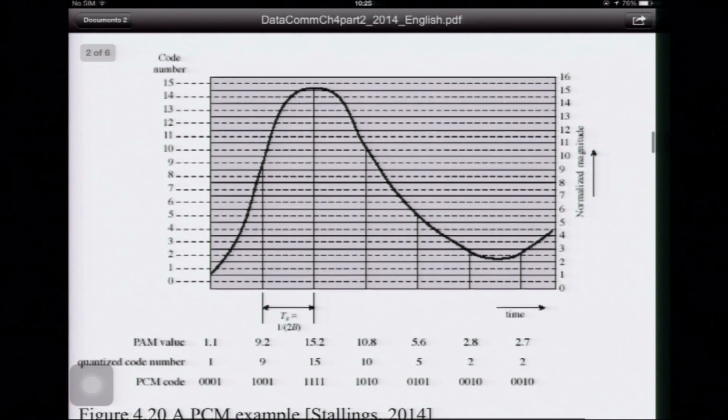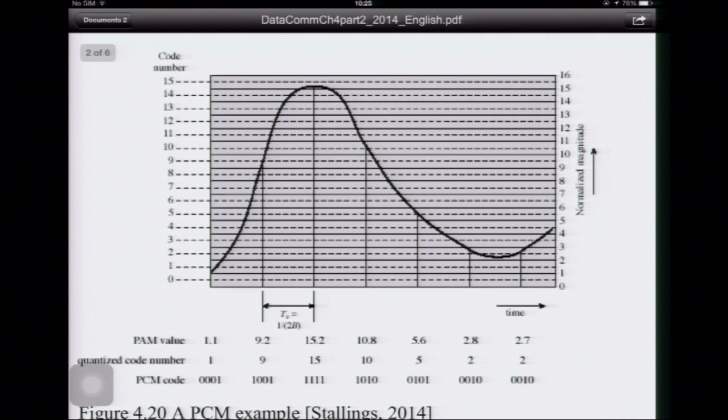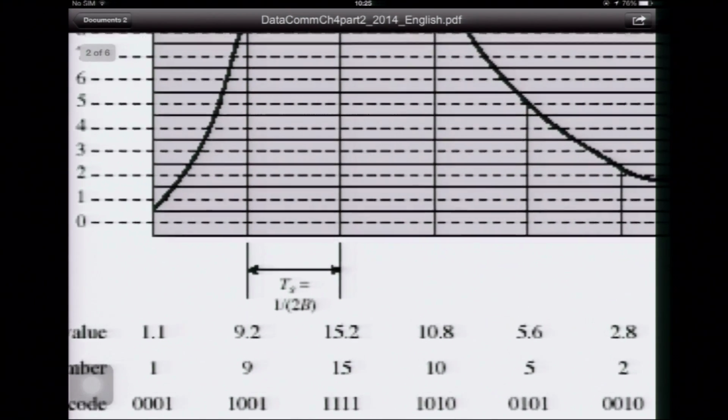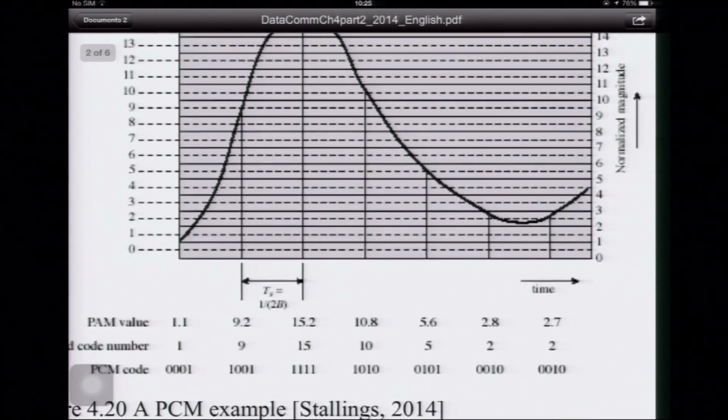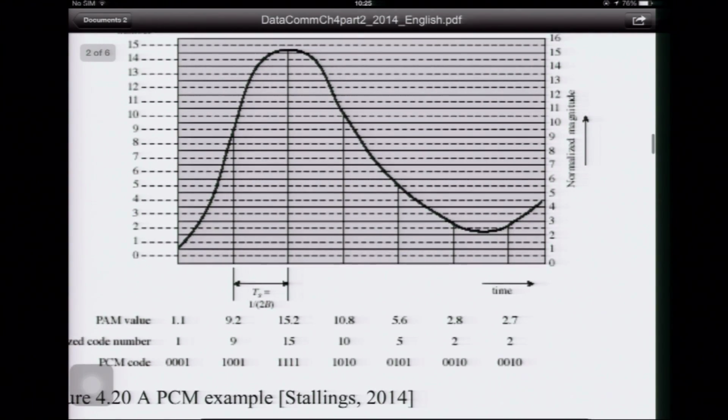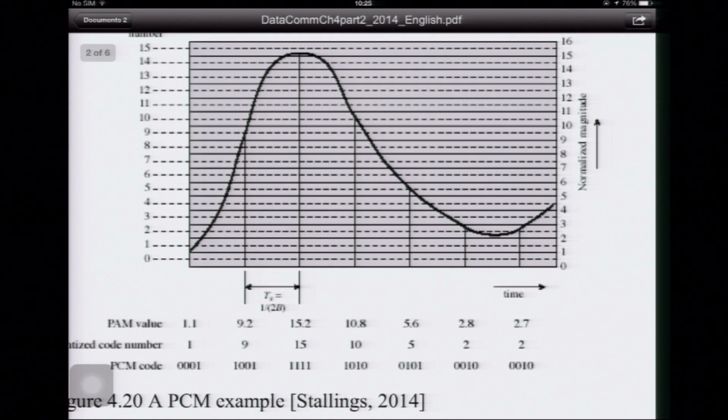The solid line is the waveform. The sampling period T sub s is 1 over 2B, which is the sampling frequency, where B is the bandwidth of this waveform. So we look at the PAM value.